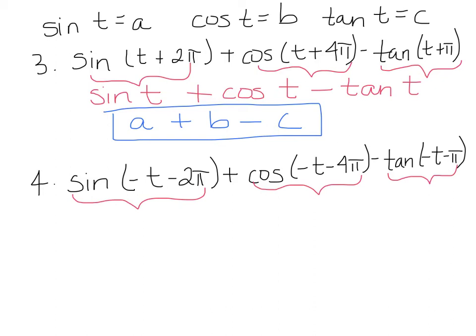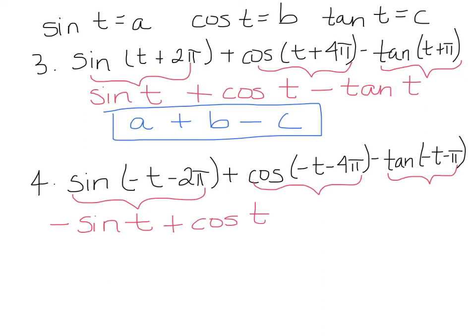Sine is an odd function, which means if you're going clockwise, it's going to change your values to a negative. Cosine is an even function, so just because we're going opposite or clockwise, your values are still the same.